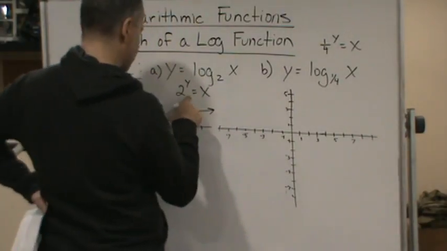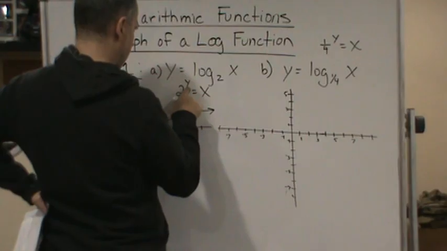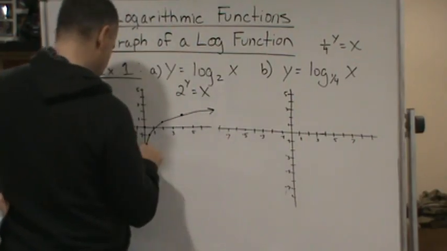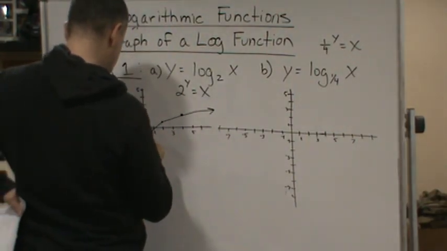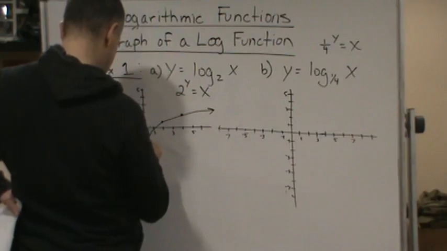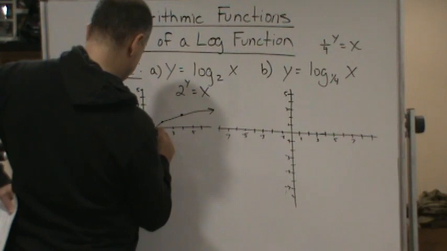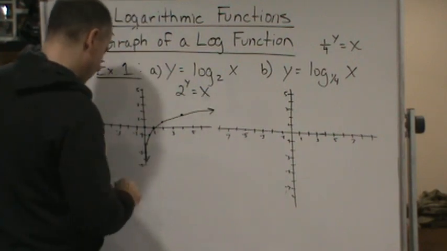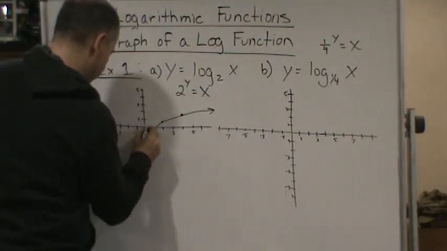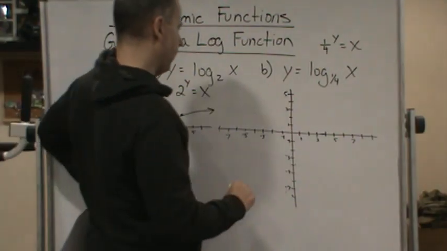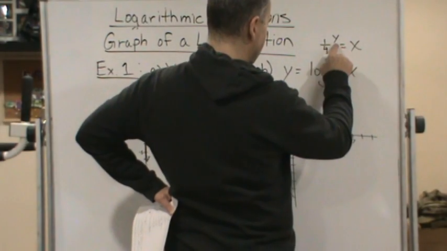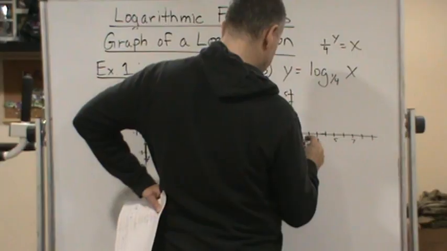Hold on, let's go back. I misspoke. When y is 0, x is 1, which is right here. Okay, I plotted the wrong point. So when y is 0, x is 1.